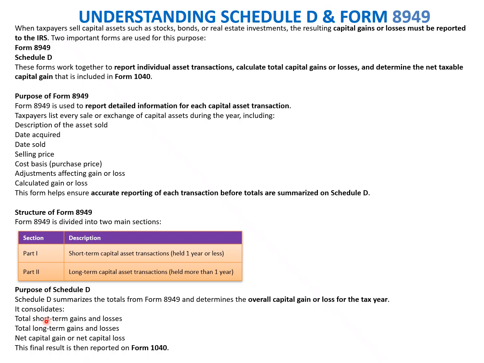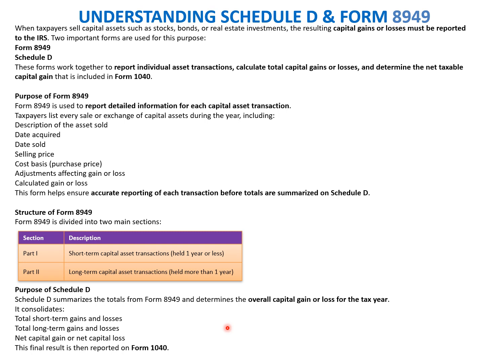Schedule D summarizes the totals from Form 8949 and consolidates them to determine the total short-term gains or losses, total long-term gains or losses, and net capital gain, and the final result is reported in Form 1040. It also includes information like the total carry forward of losses after adjustment against ordinary income, because in the US there is no time limit for which losses can be carried forward.